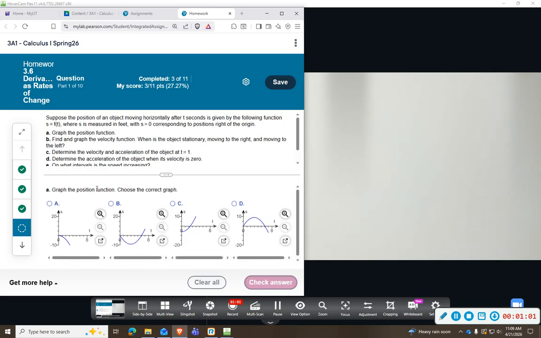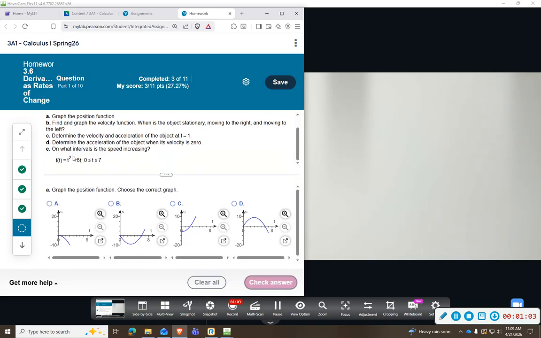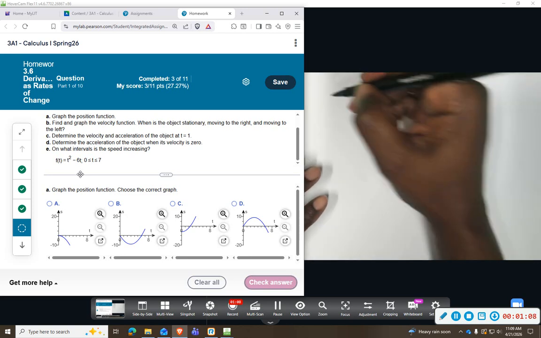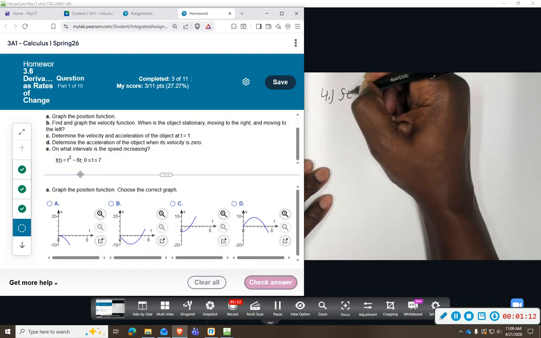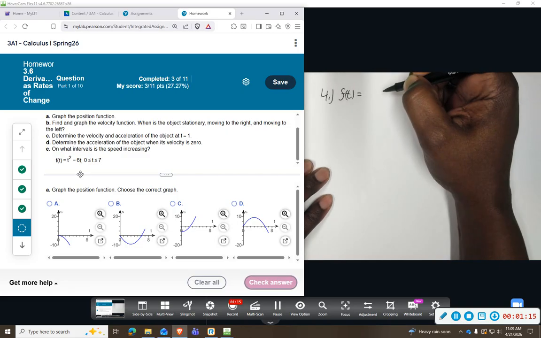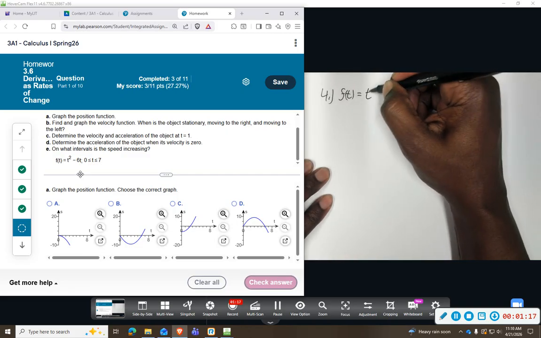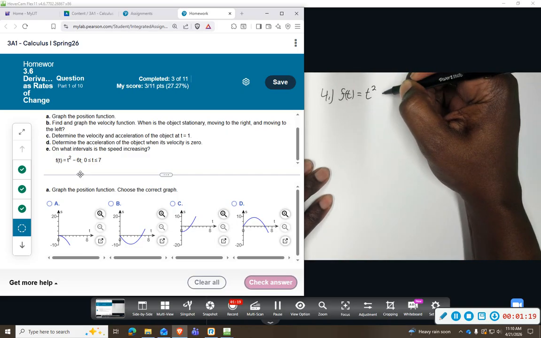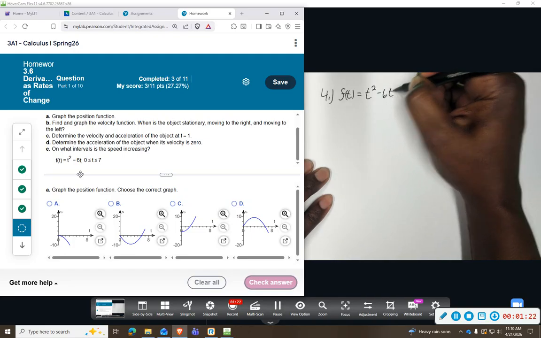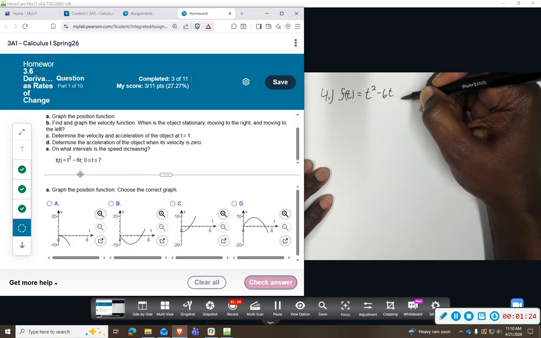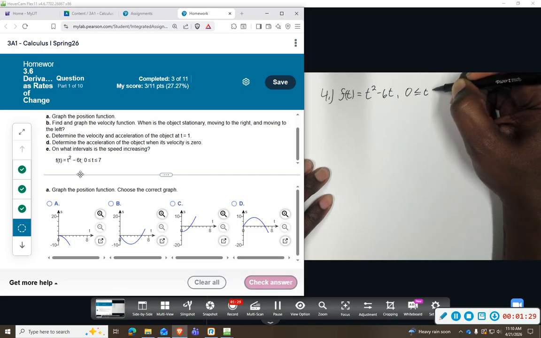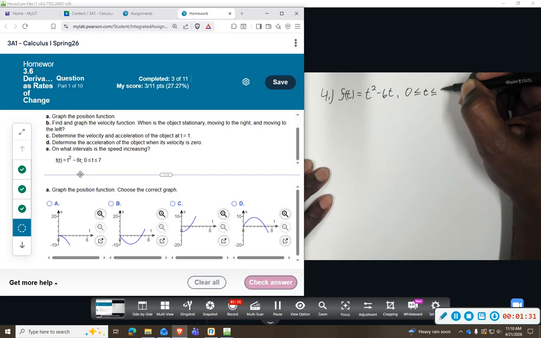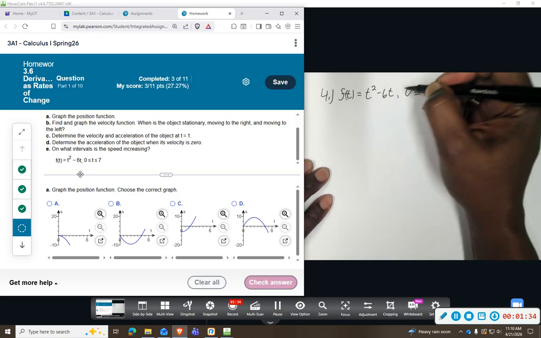First we're going to graph that. We do know that this function is a parabola. Based on the algebra of it, f of t equals t squared minus 6t, it's opening upward because the leading term is positive.